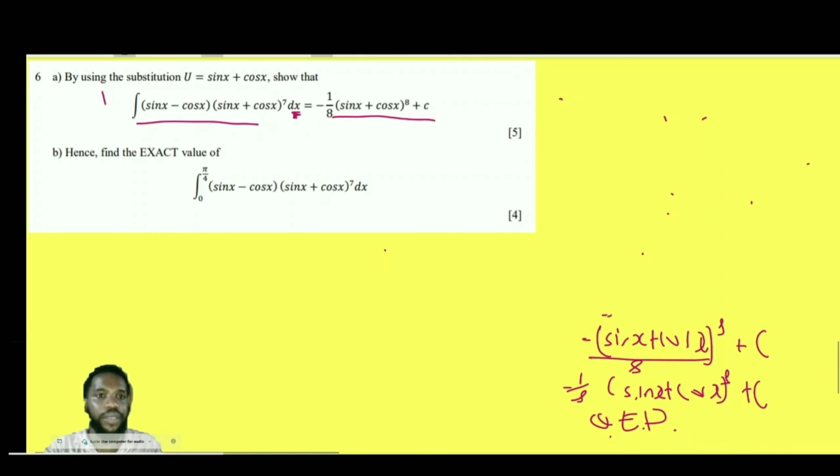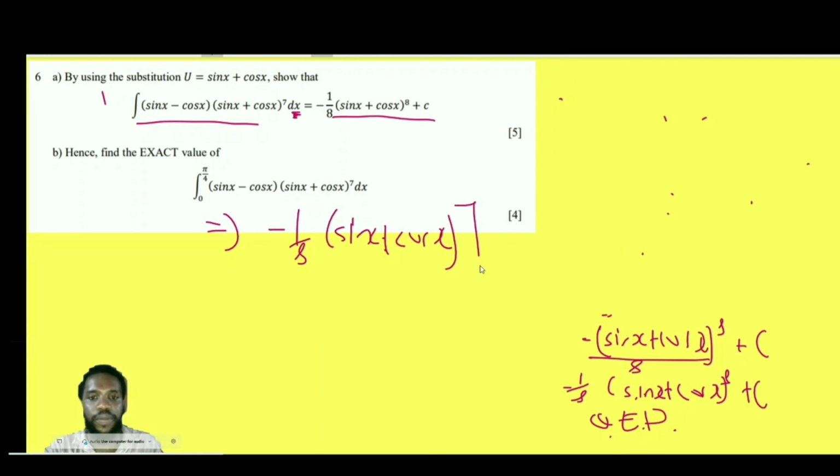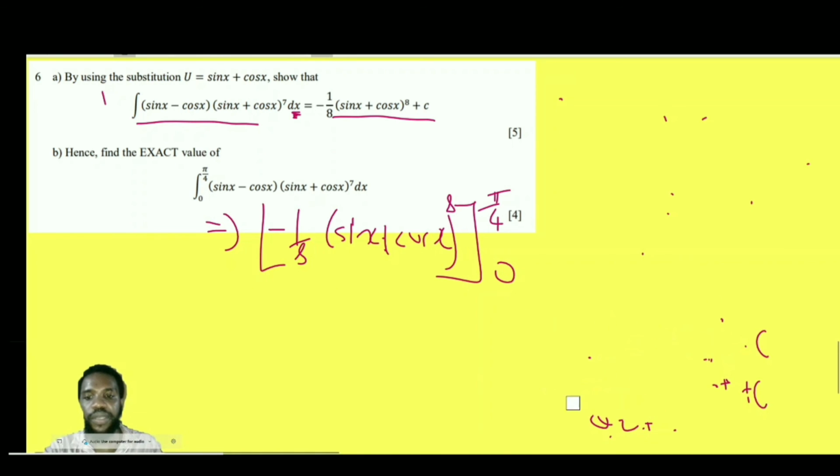So this would imply, of course, when I take out the plus c, 1/8 sin x plus cos x to the 8. My boundaries are 0 and pi over 4.